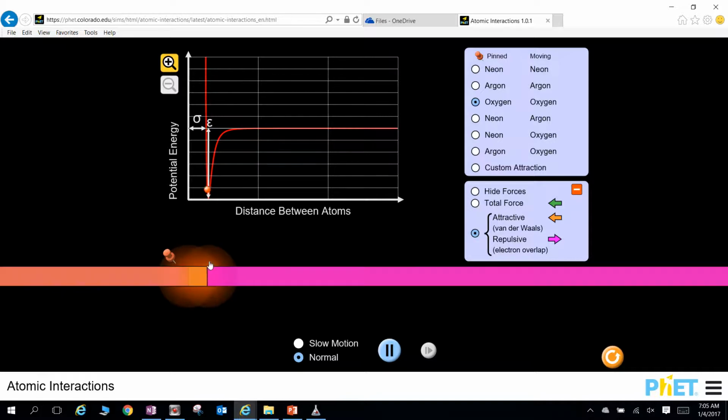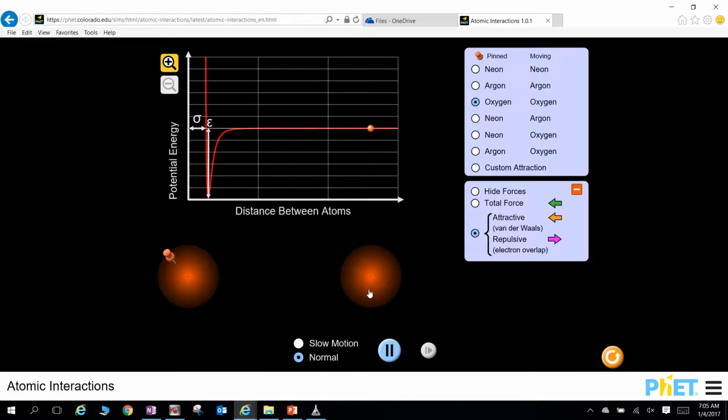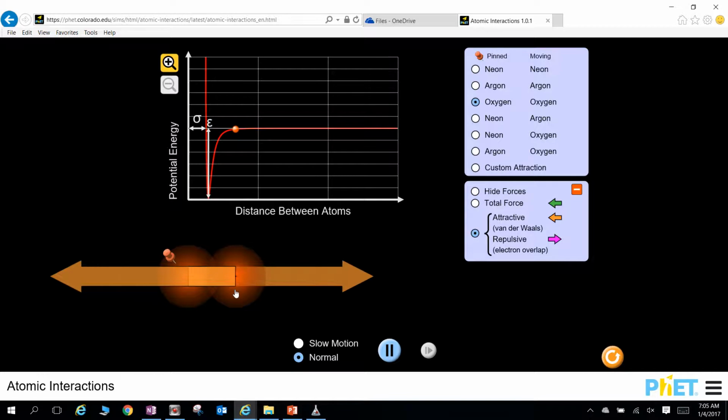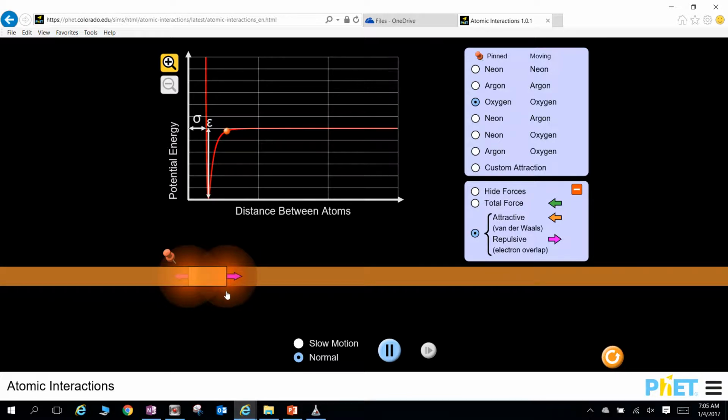And let's take a look at the forces here. So as they get closer together, I start to see some attractive orange arrows. So the nucleus of one atom is attracting the electrons of the other, and vice versa. And then as they get really close together, I see that there's a repulsive force.